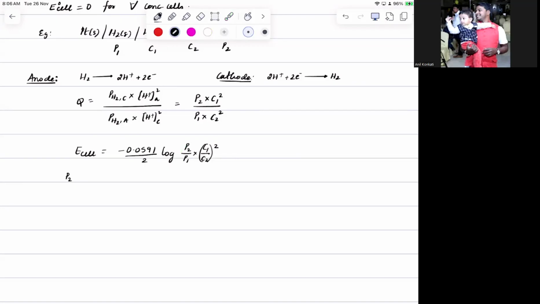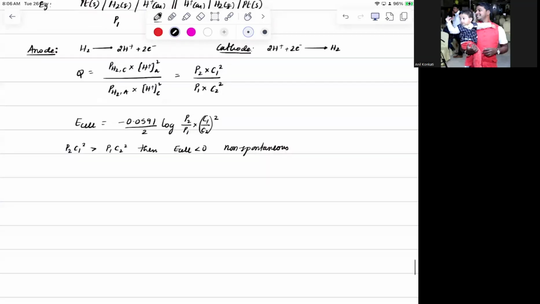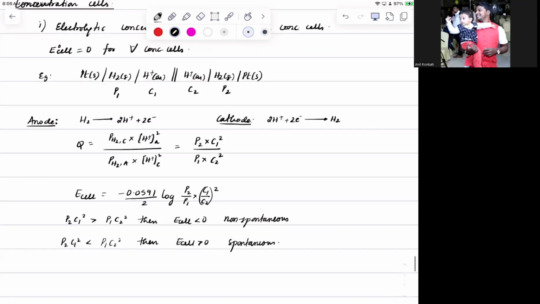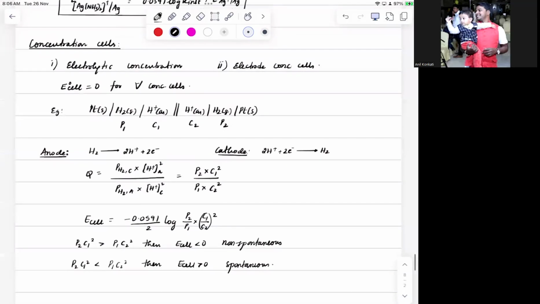If P2 C1 square is greater than P1 C2 square, then E cell will be less than 0 and the cell remains non-spontaneous. But if P2 C1 square is less than P1 C2 square, then E cell will be greater than 0 and this will remain spontaneous. So that's how you decide about concentration cells.